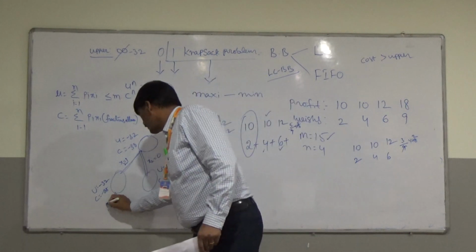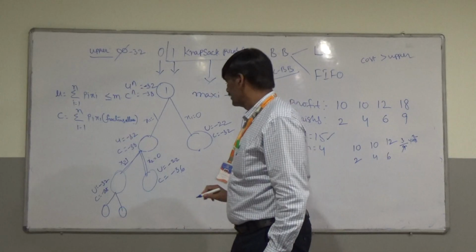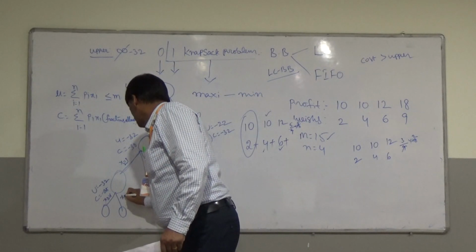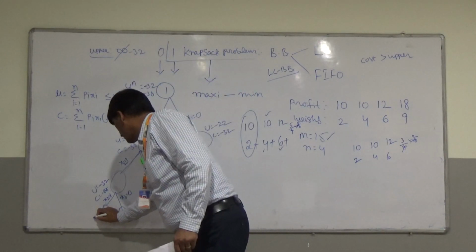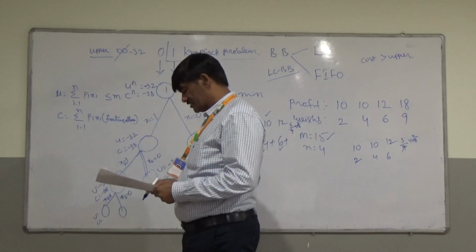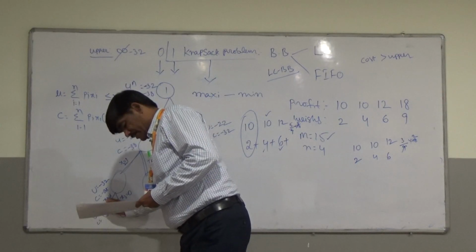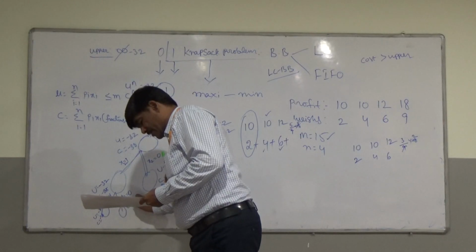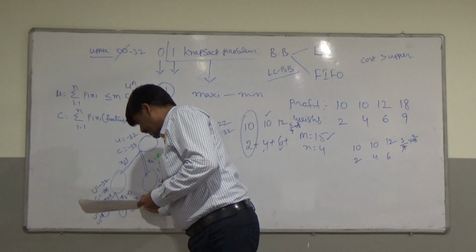Next, take the third item. Similarly, x3 equals 1 and x3 equals 0. Here also you need to calculate the upper bound value and the lower bound values. Based on the formulas, the upper bound values are minus 32 and minus 38. This one has upper bound value minus 38 and the cost is also minus 38.